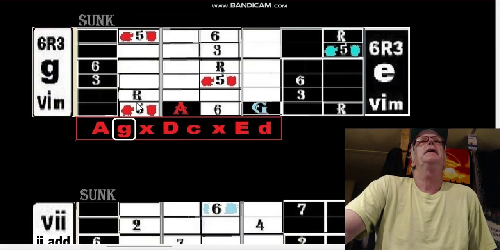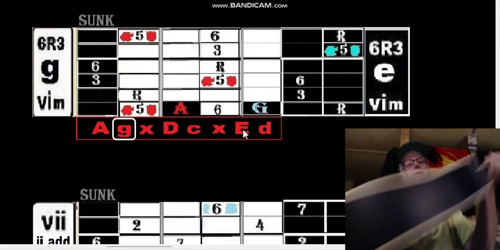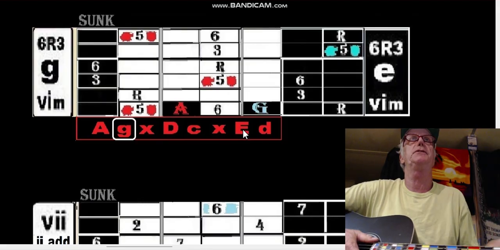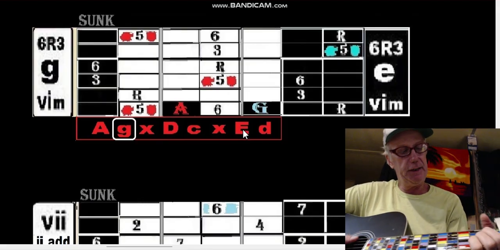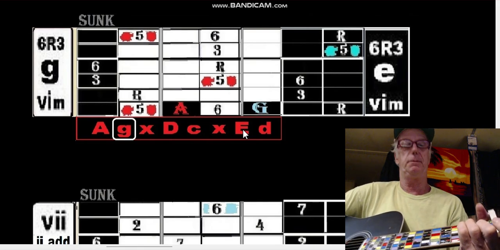The way we're going to look at this is A, D, and E shape. Now, this is a good one because we may not have that many sunken things. Oh, look, it's A, D, and E shape.